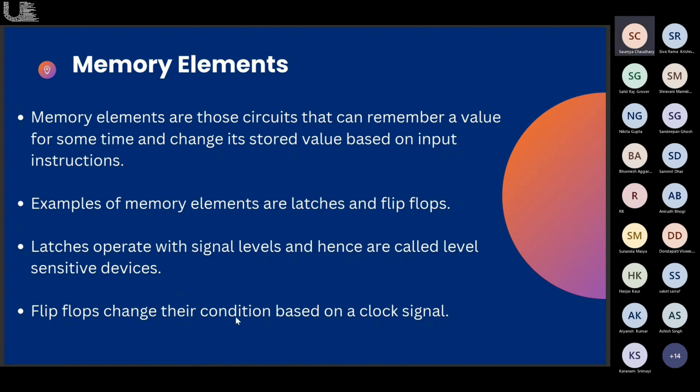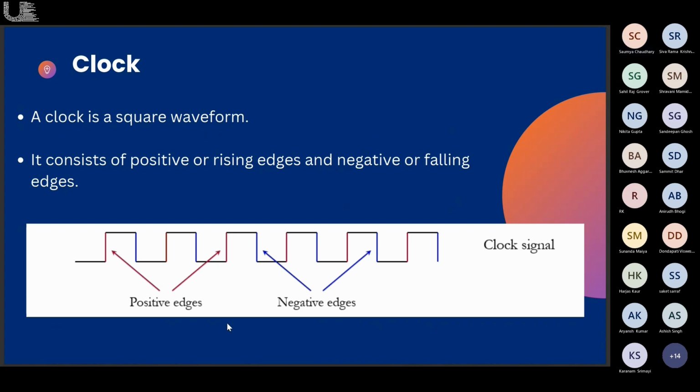And the flip-flops change their condition based on the clock signal. So about the clock signal, we will study here. This is the clock signal. The clock signal is a square waveform. It starts from 0 and goes to 1, and this we call the positive edge, because it goes from 0 to 1.